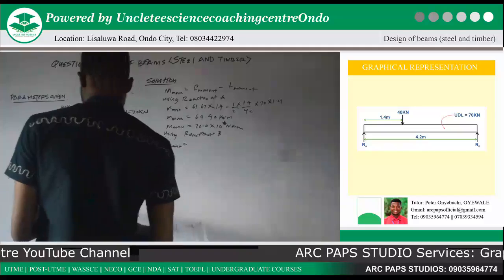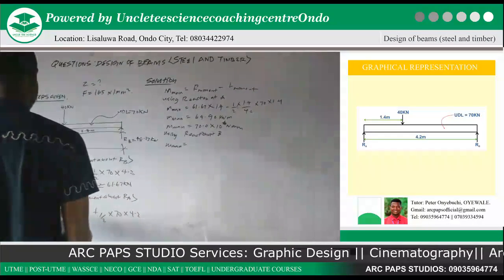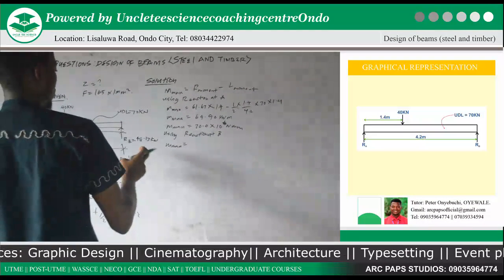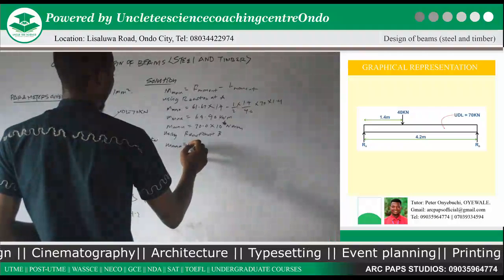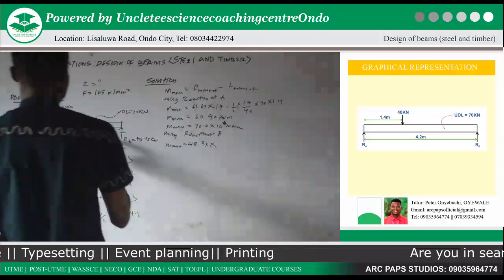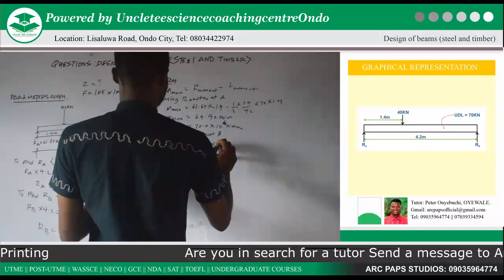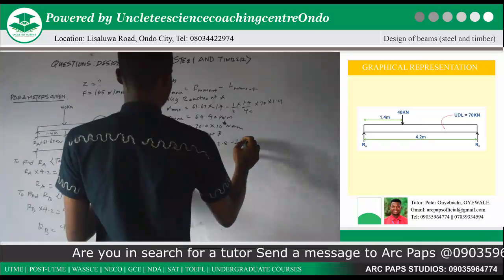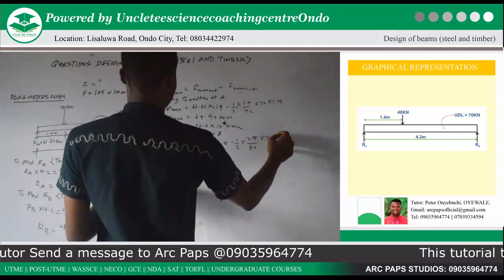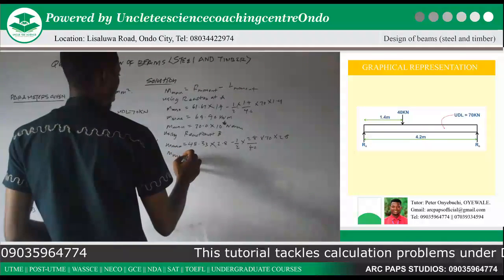So our Mmax will give us our reaction moment, 48.33 times the distance, which is 2.8, minus our load moment, which will give us half times 2.8/4.2 times 70 times 2.8.